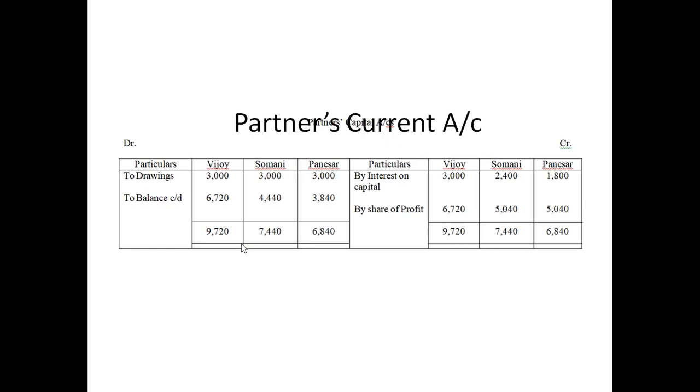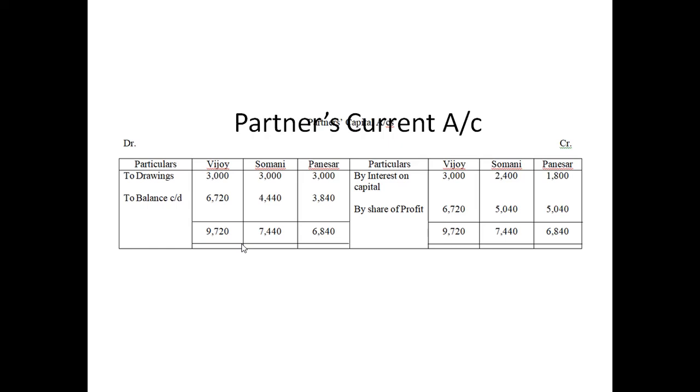As per the fixed capital method, whatever the adjustments are there, adjustments regarding interest on capital, share of reserve, commission, salary, profit or loss, all these items will be transferred to their current accounts.